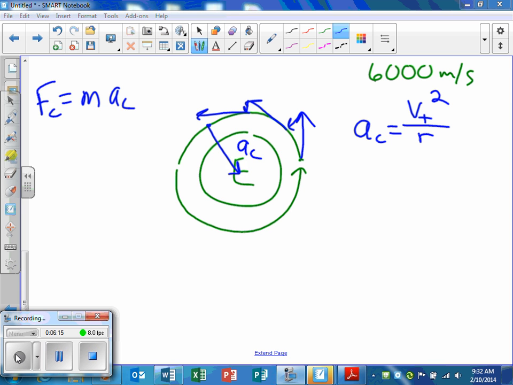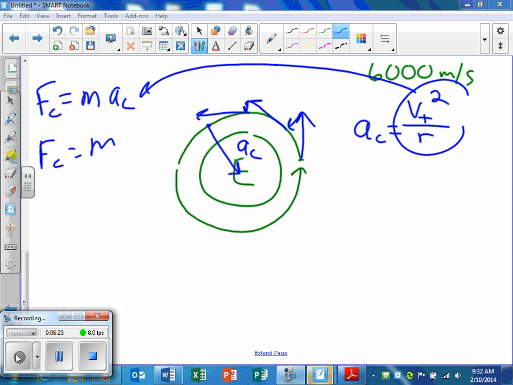So if force centripetal is m a_c, then, since a_c is v squared over r, force centripetal is mv squared over r. Okay, so in terms of velocity and distance from the center of motion, force centripetal is mv squared over r.